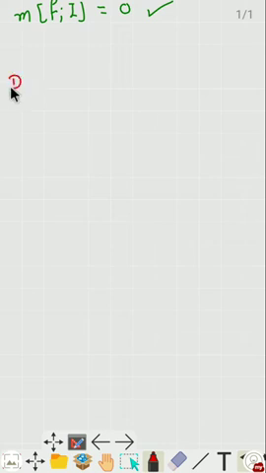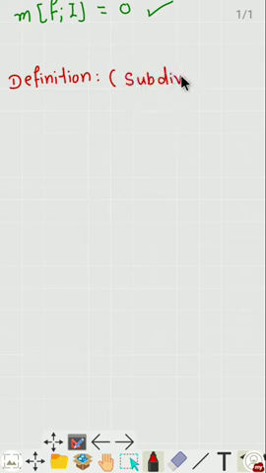Definition of subdivision of closed interval AB.